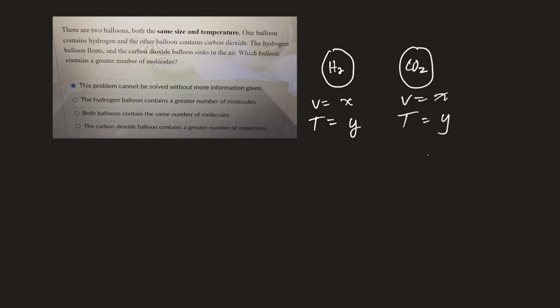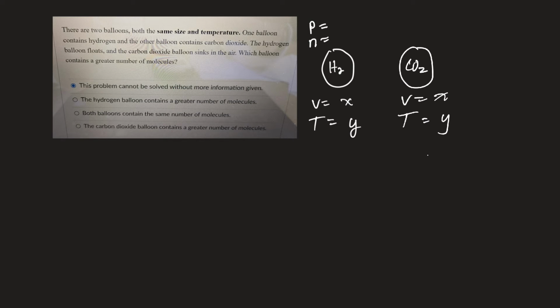Which balloon contains a greater number of molecules? If they have the same temperature and same size, the only thing that could differ would be pressure and number of moles inside.